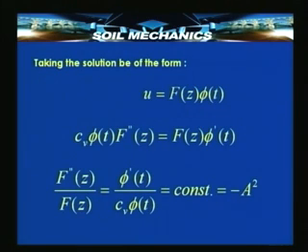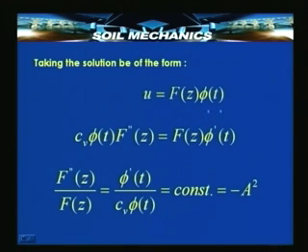So, we are assuming that the excess hydrostatic pressure u is a function of F(z) and φ(t), where F(z) is a function of only depth and φ(t) is a function of only time.